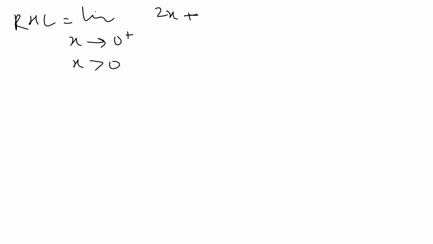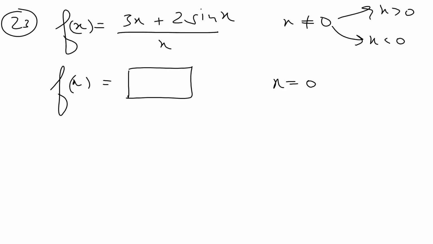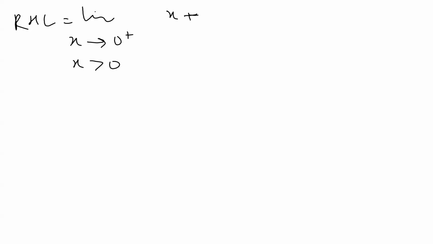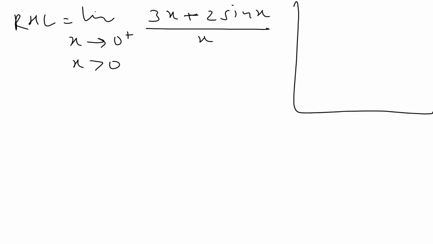Now RHL, limit x approaches 0 plus, greater than 0, of (3x plus 2 sin x) upon x. Let x is equal to 0 plus h. As x approaches 0, h is also approaching 0.